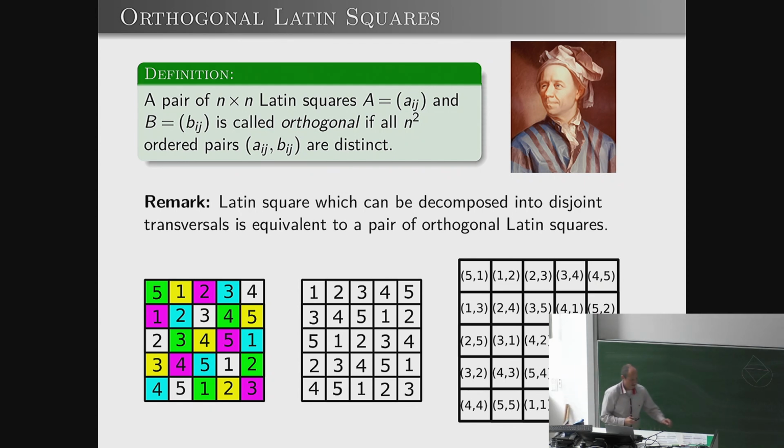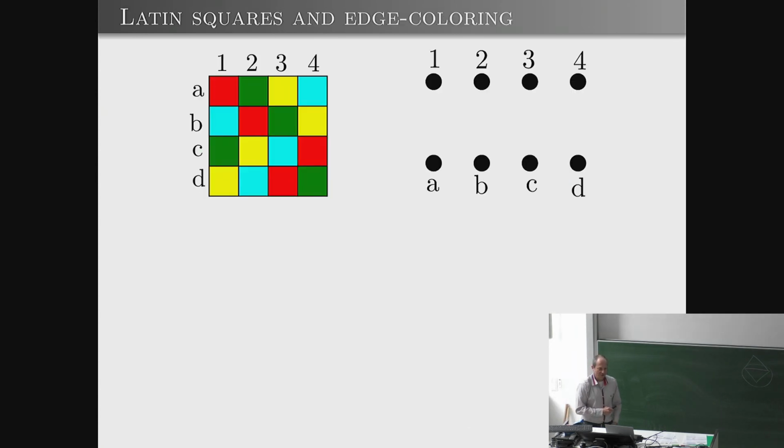Okay, so this was the history, but how is this related to graph colorings? The thing to observe is that if you have a Latin square, and I on purpose didn't put numbers but put colors inside, I can think of the Latin square as an edge coloring of the complete bipartite graph. So you see at the bottom I put the rows, on the top I put the columns.